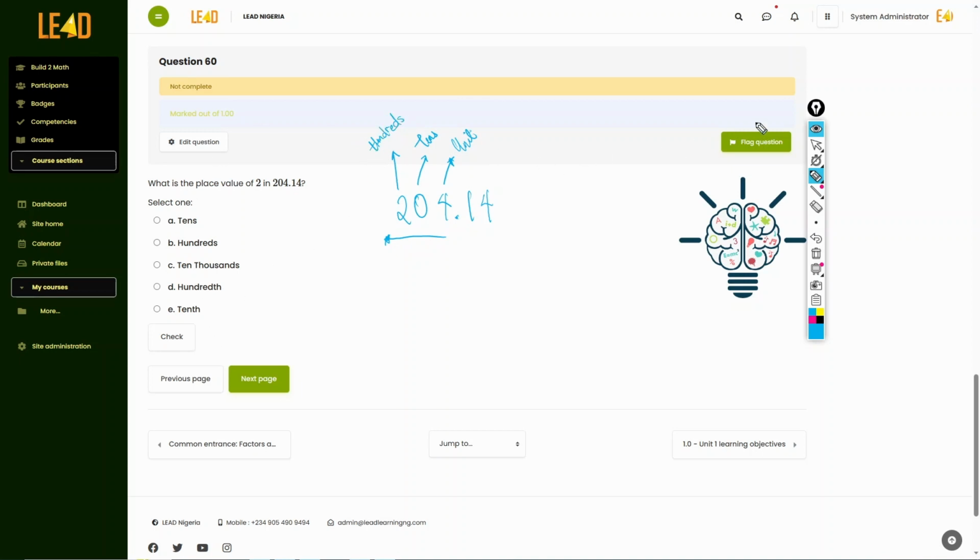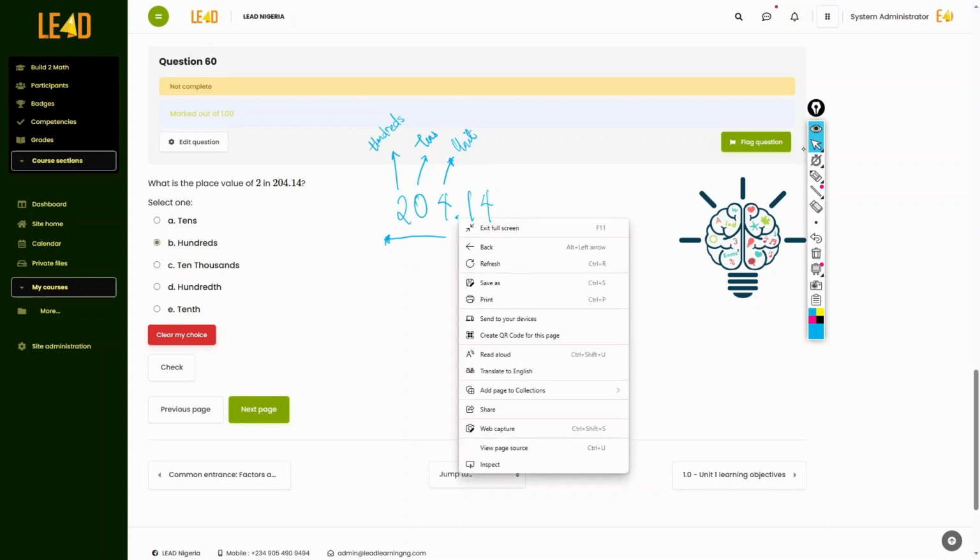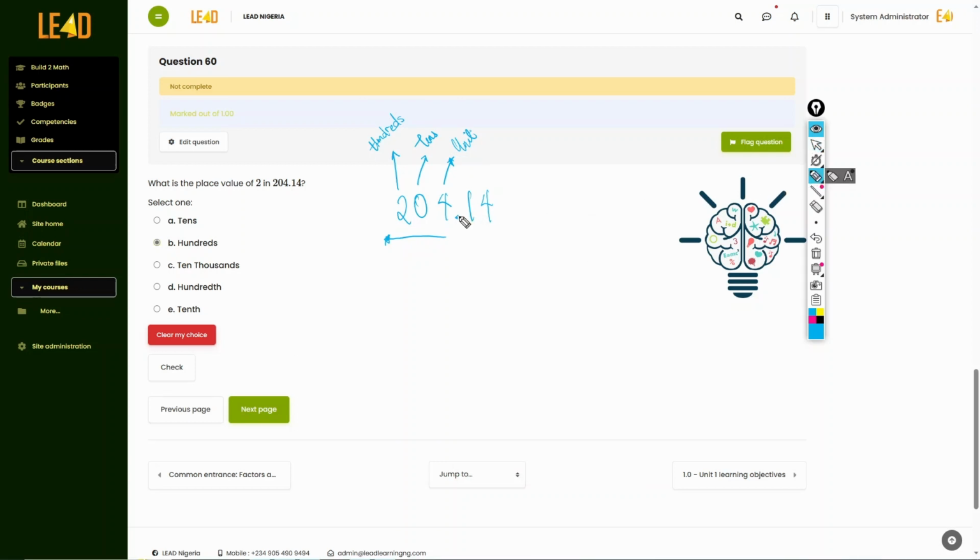So the answer is B, hundreds, because we're on the whole number section. To the left, we have the whole number sections that we have: units, tens, hundreds, and the rest of them.